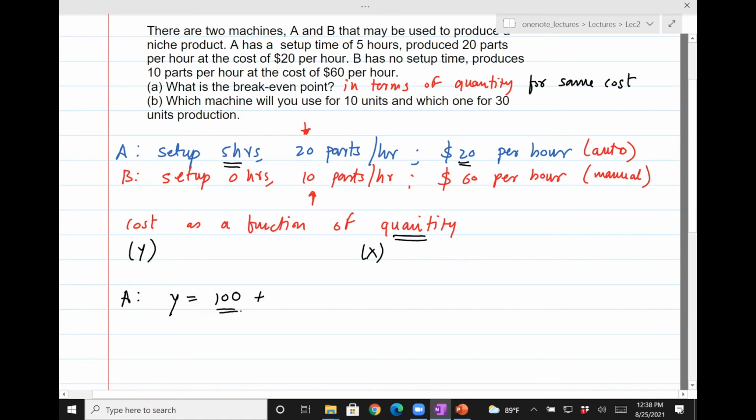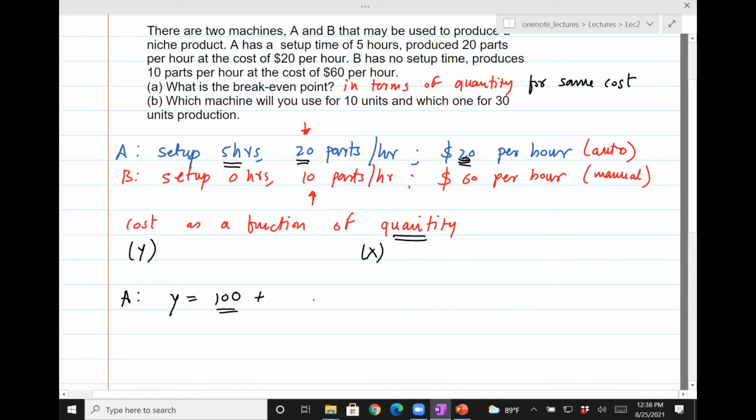So once it's 5 hours, after that, you'll see that it's actually producing parts. In this case, it's producing 20 parts per hour, and $20 per hour is the running cost.